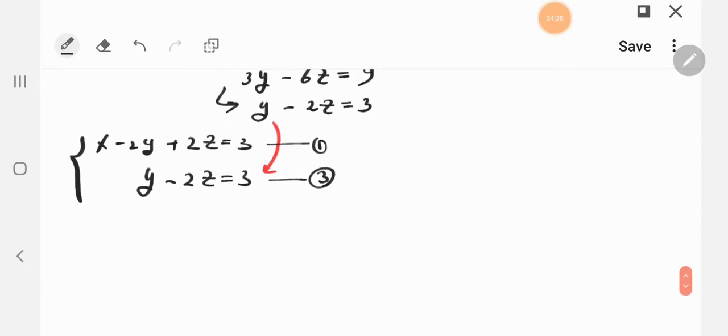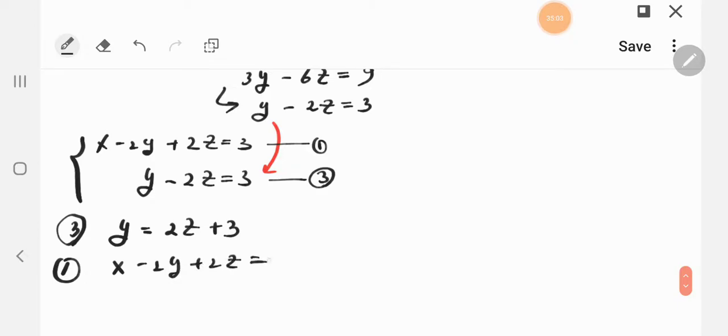From the third equation, we can solve for y. Rewrite the equation, then y equals 2z plus 3. Then the first equation, rewritten so that it starts with x: x minus 2y plus 2z equals 3.